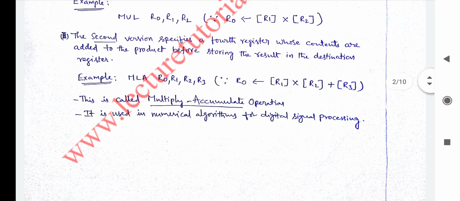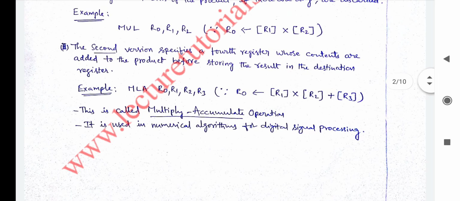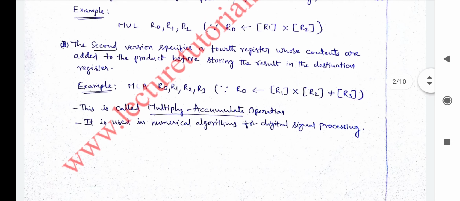See here, if you observe, MUL R0, R1, R2, R3.